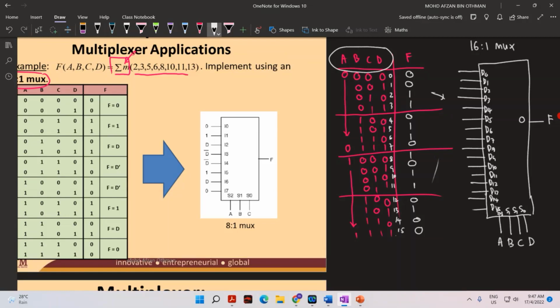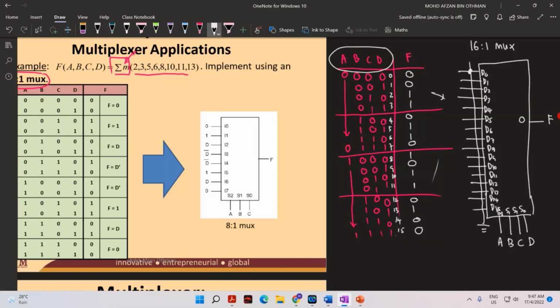Alright, now kita ambil yang kosong dahulu. Output kosong is from yang ni, so yang ni kita buat straight line, you sambung kepada ground. Maksudnya sambung kepada ground ni untuk produce output 0. Untuk output 0, the first output 0 is coming from D0, so you sambungkan dia.